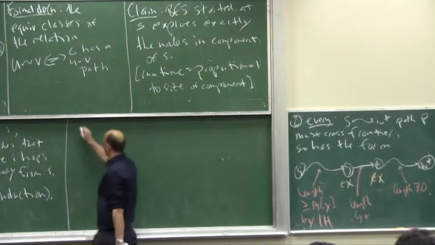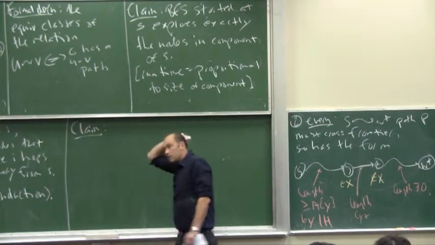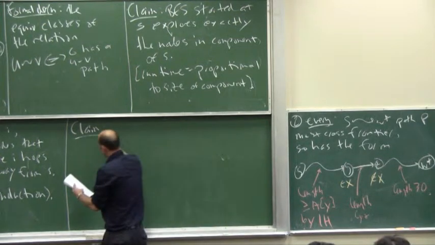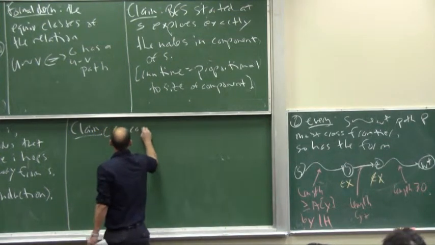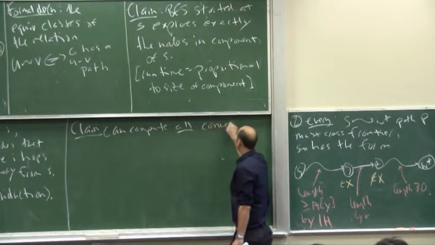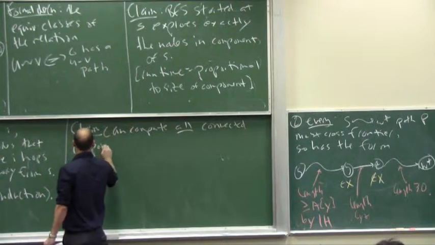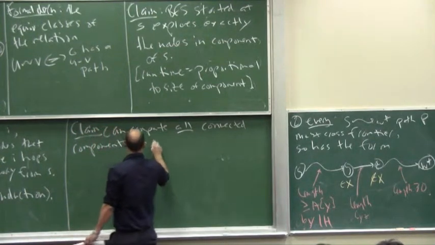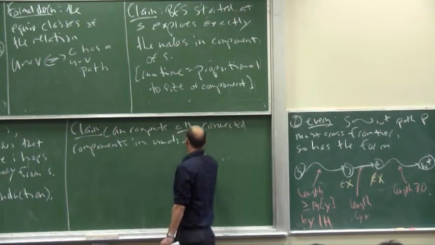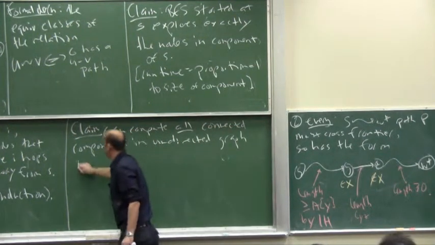So final claim for the day, and this is a very important subroutine in graphs, which is that you can compute all of the connected components in an undirected graph in linear time.